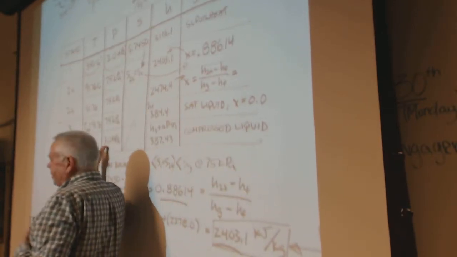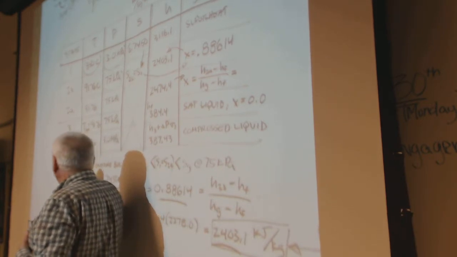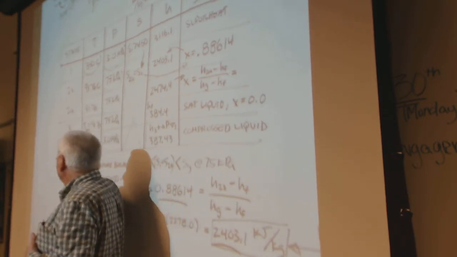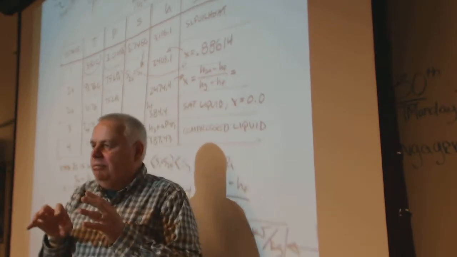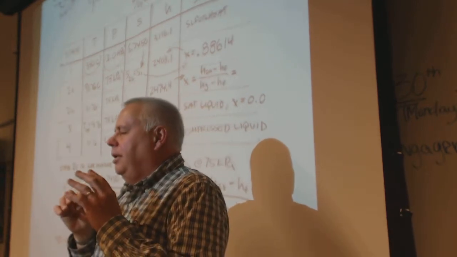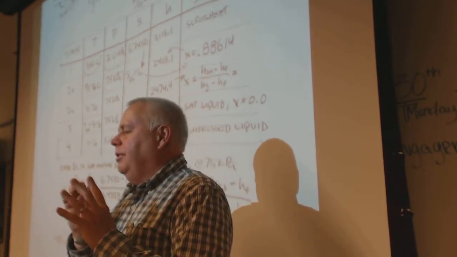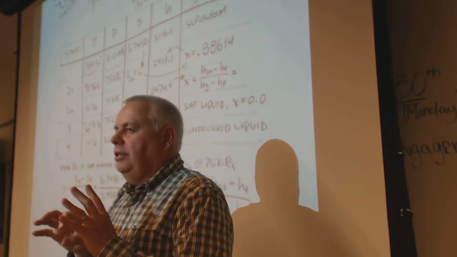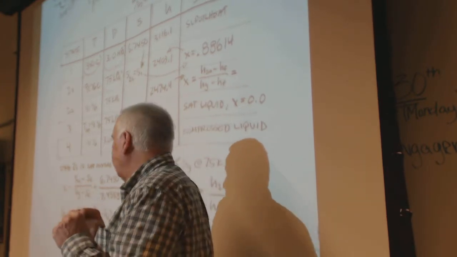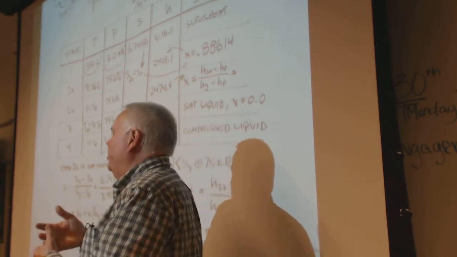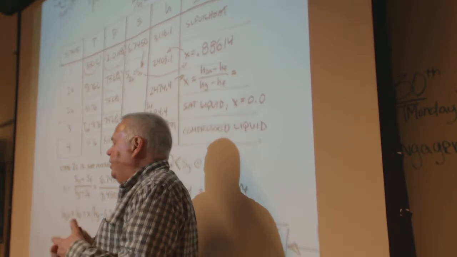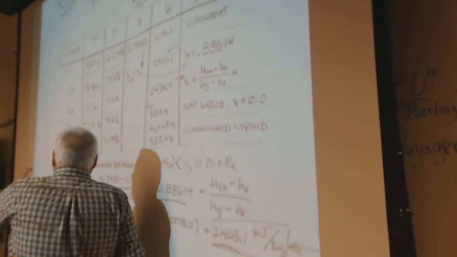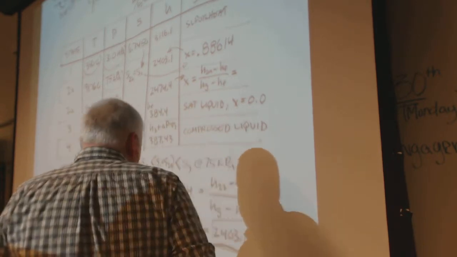And then state 4, it's at 3 megapascals. If it's a perfect pump, I should put a little S on that. When you calculate the change in pressure times a specific volume, that is the isentropic work that gets done on the fluid, independent of how you get it there.